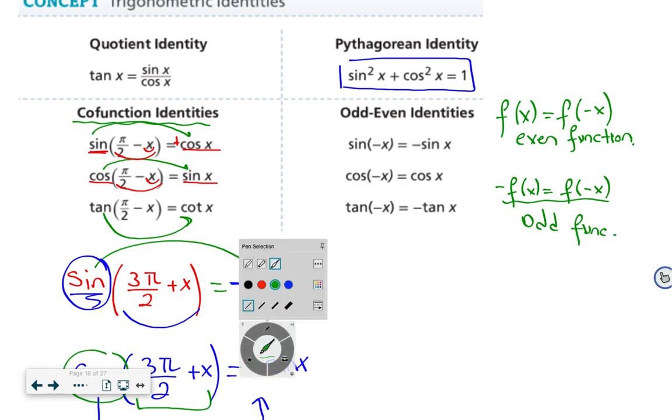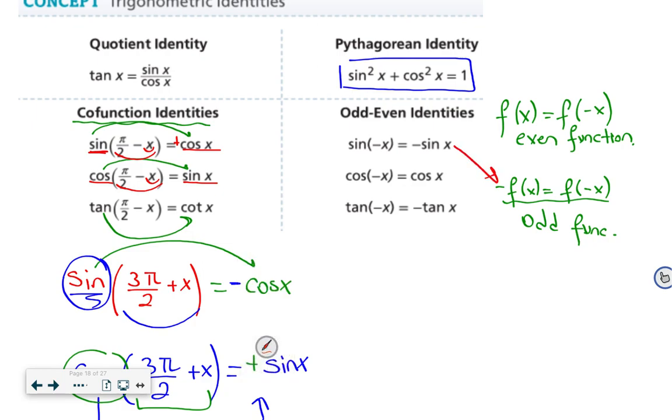Sine function is called an odd function. Cosine function is called an even function. And there's one more: tangent is also an odd function. Tangent of negative x is always equal to negative tangent x.